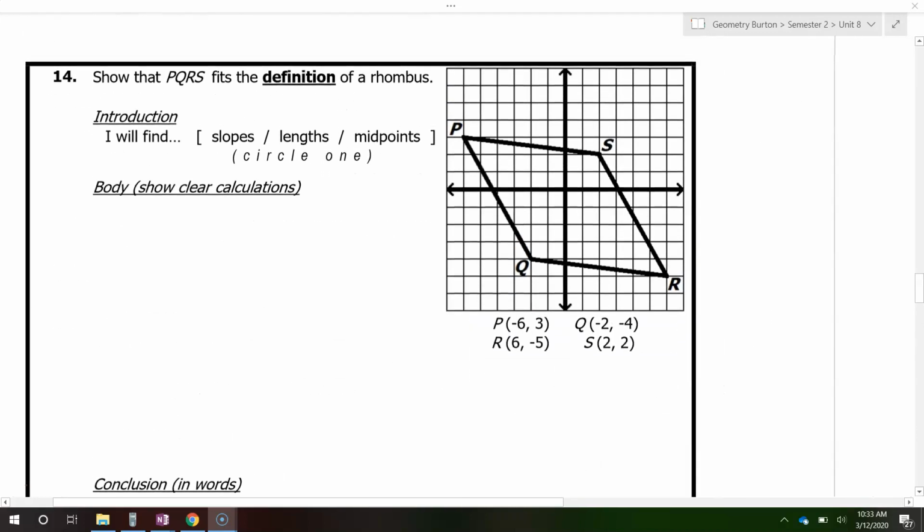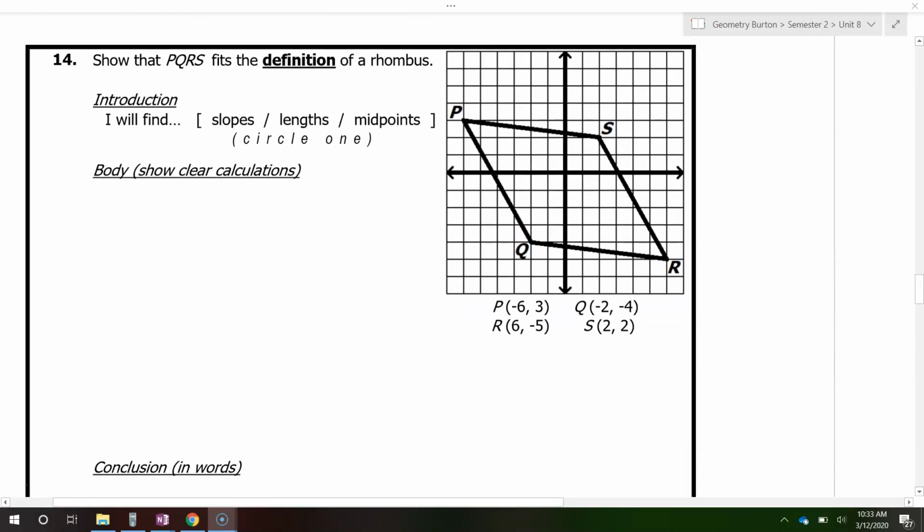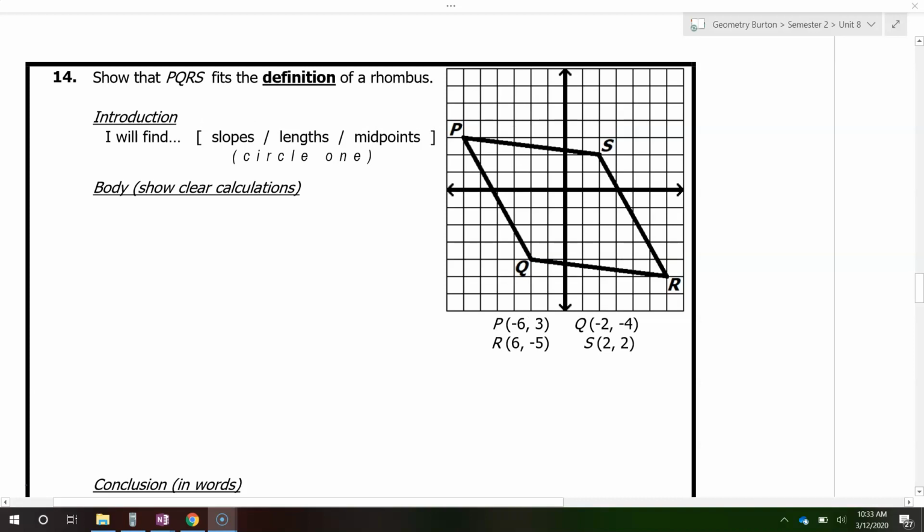Okay, let's start with proving that a quadrilateral is a rhombus. Well, a rhombus is a quadrilateral that has four congruent sides. So the definition of a rhombus is that there are four congruent sides, so keep that in mind.